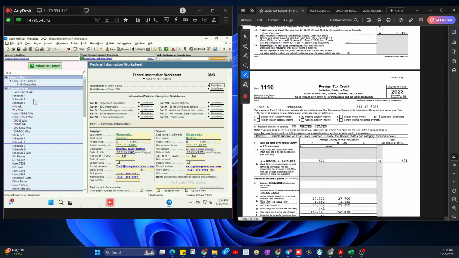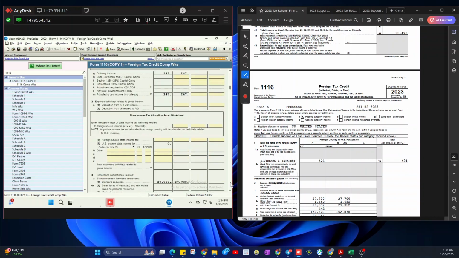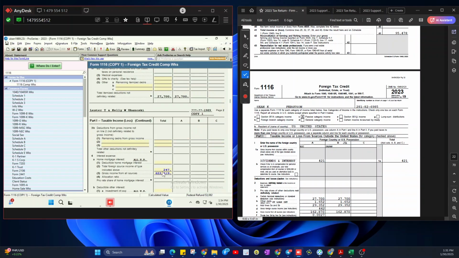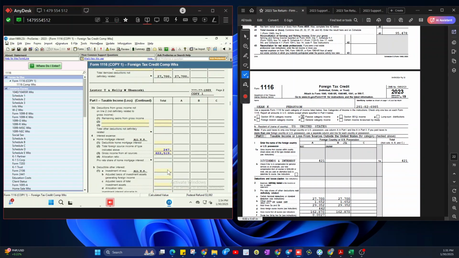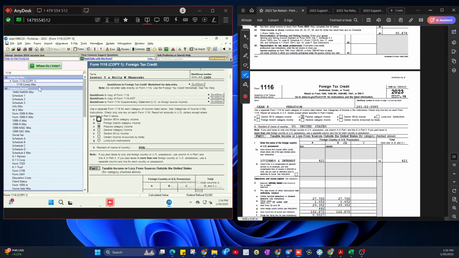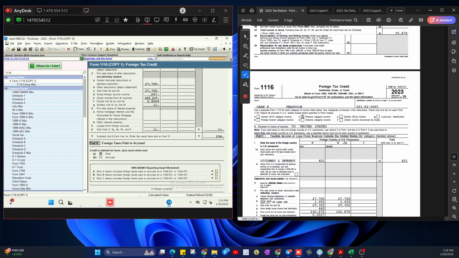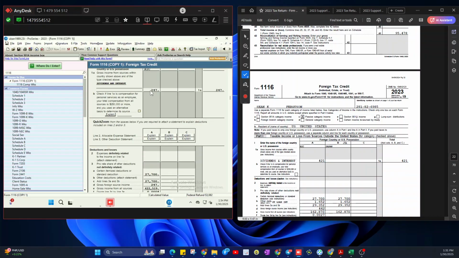Worksheet. 247. Dividends and interest. So what we need to do for Ubanowski, let's see.